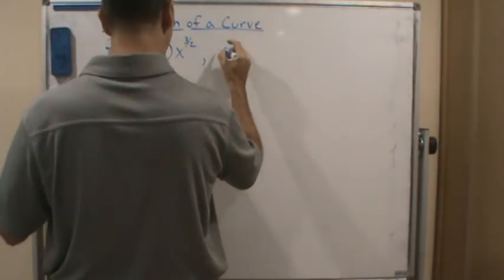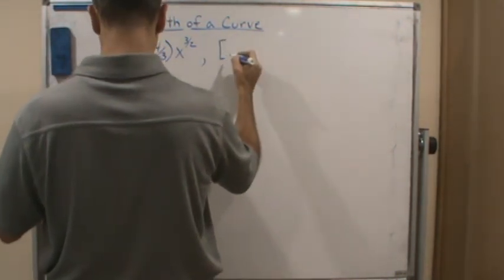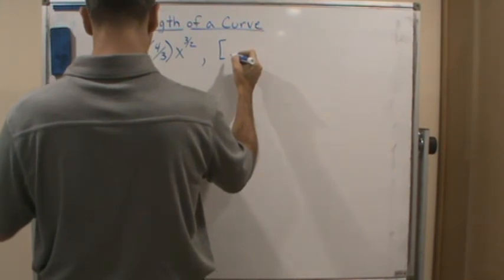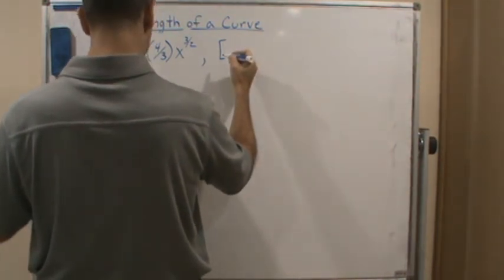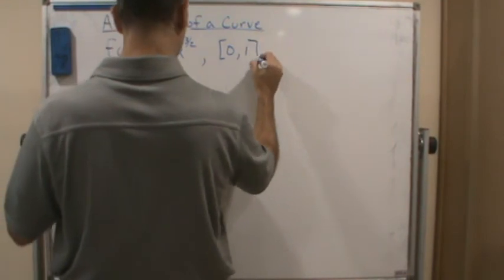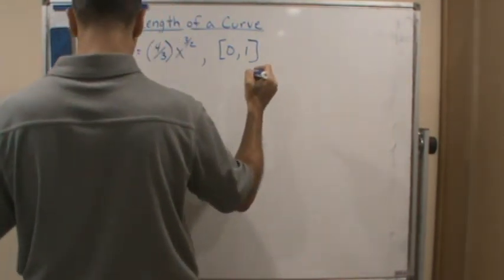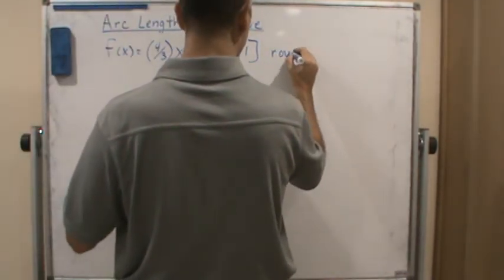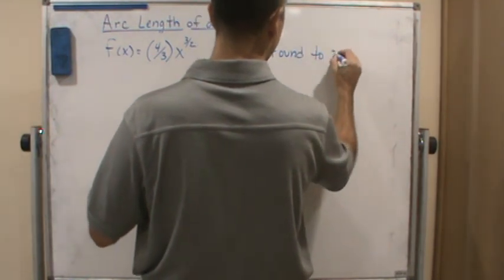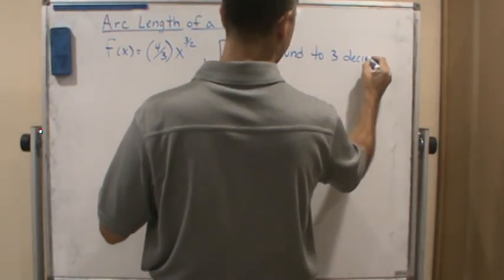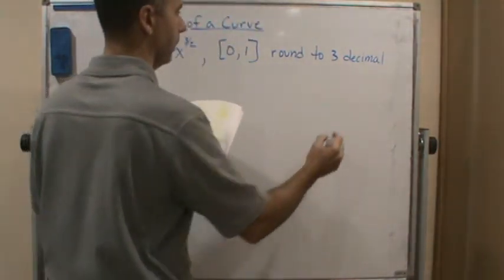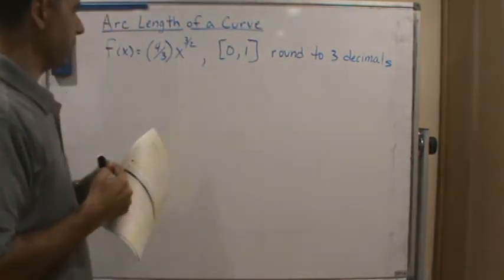We want to calculate the arc length of the graph of this function from 0 to 1, and we want to round to 3 decimal places. Go ahead and try that one.